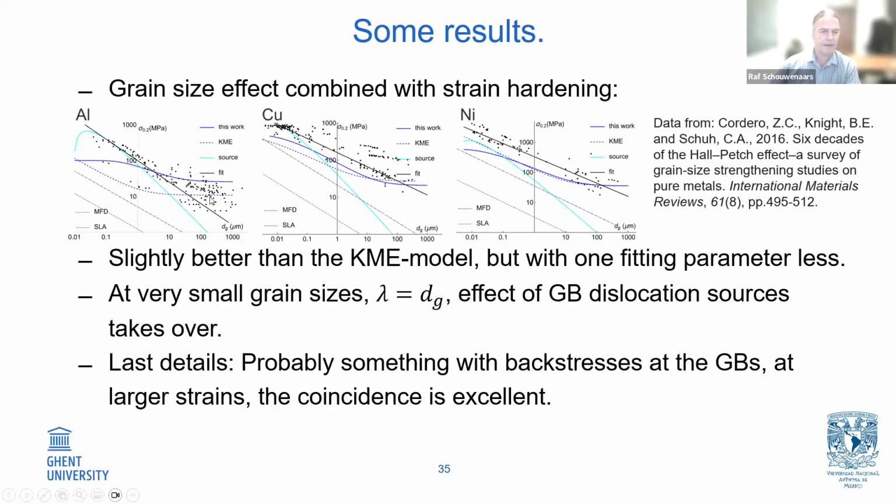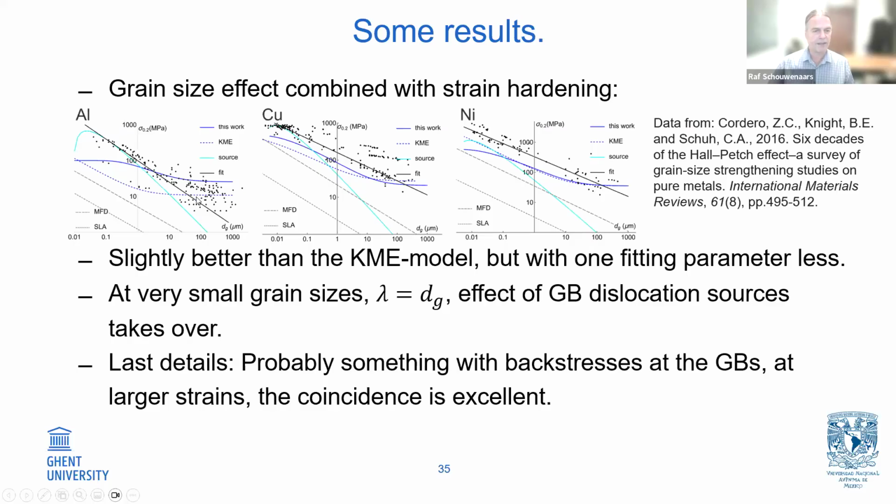We find, for example, here the Kocks-Mecking model. We've got here the misfit dislocations from Ashby, and the slip length argument from Conrad, which are clearly well below what we measure. Now, the new model and the Kocks-Mecking model were calibrated by the tensile curves we had before.